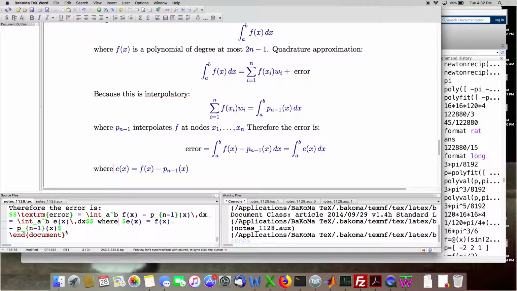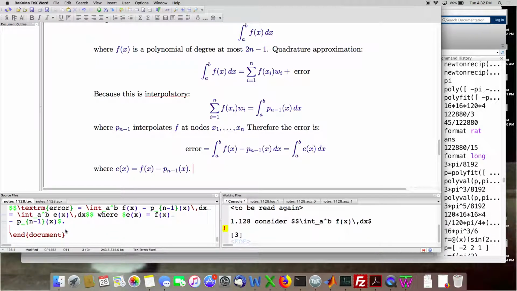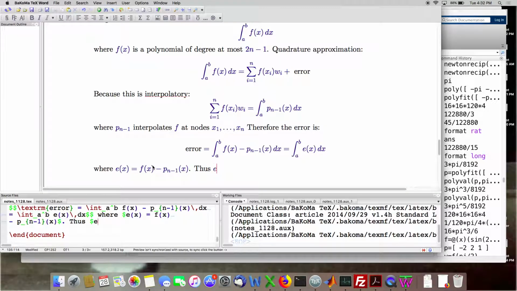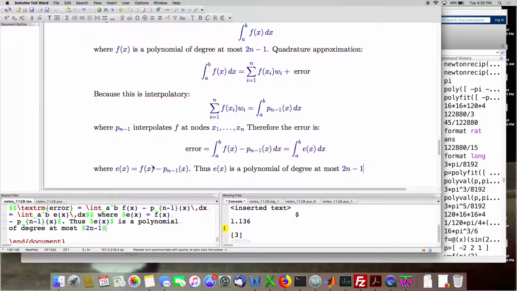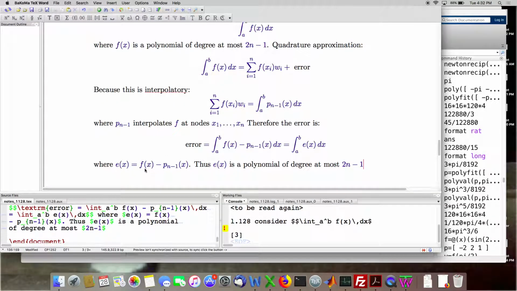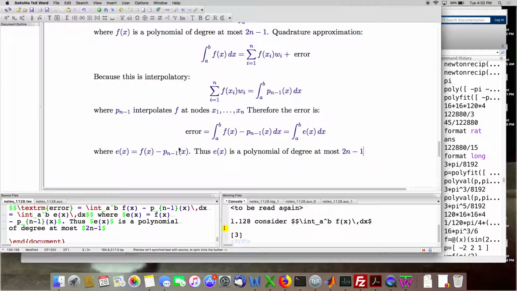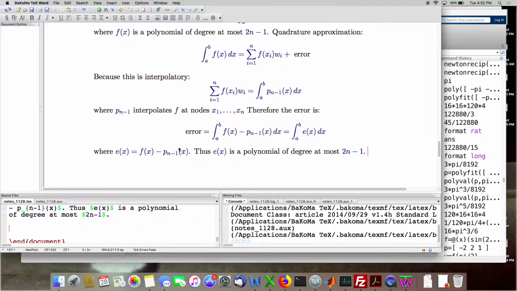Now, f is a polynomial of degree 2n minus 1. Pn minus 1 is a polynomial of degree n minus 1. So we go ahead and subtract them. Therefore, this is a polynomial also, and we take the maximum degree involved, 2n minus 1.